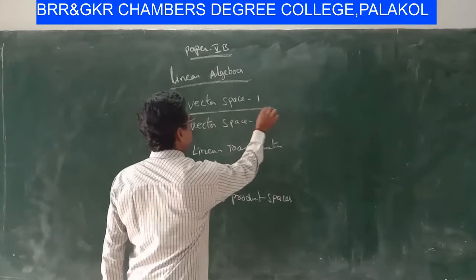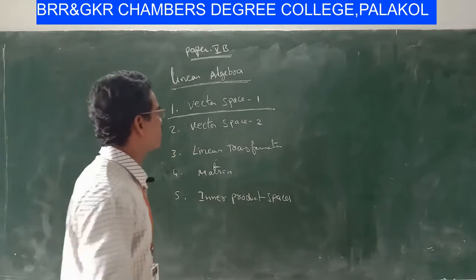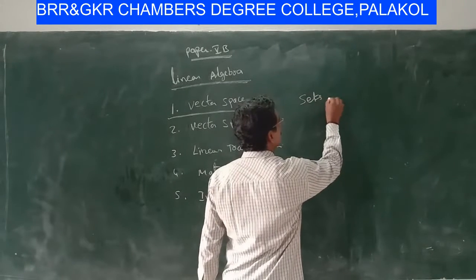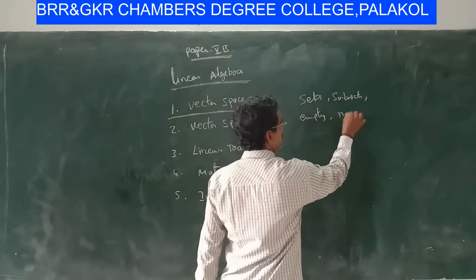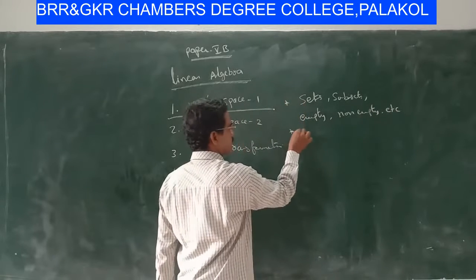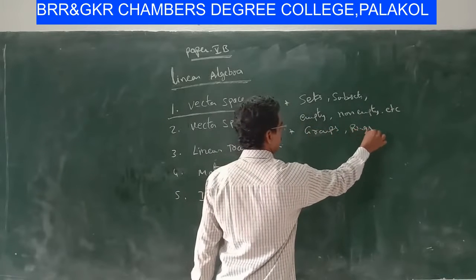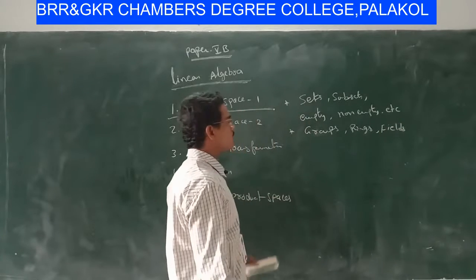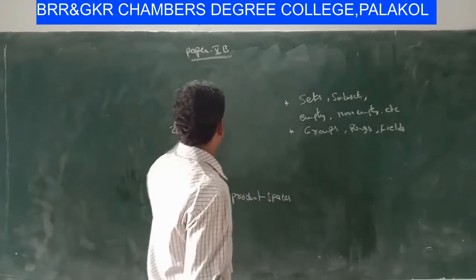In vector spaces 1, we need some previous definitions, such as sets, subsets, empty set, non-empty set, and so on, and groups, and the definitions of rings and fields. First, I discuss set.